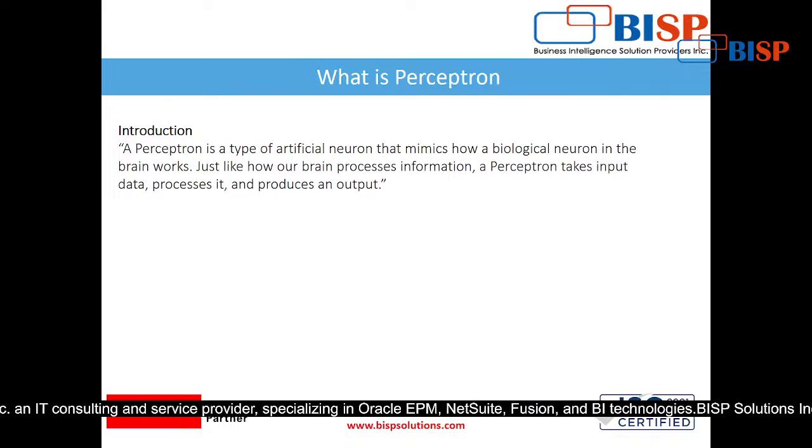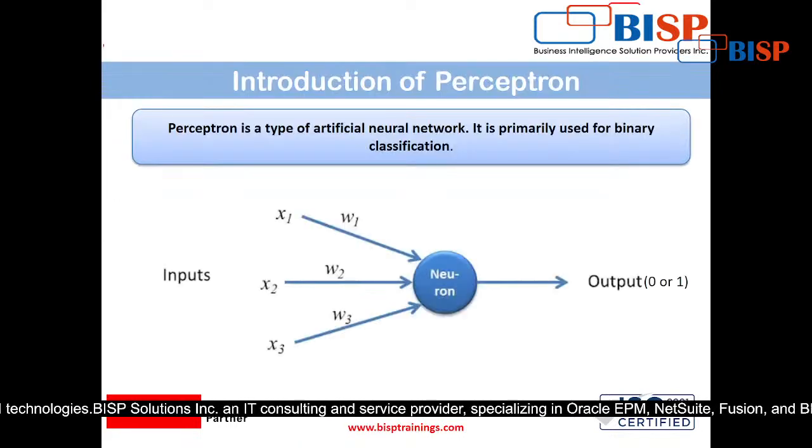This is all about the person's decision, the human brain. But how the perceptron does this work, that we are going to see in today's session. So perceptron mimics how the brain works. It's an artificial neuron.